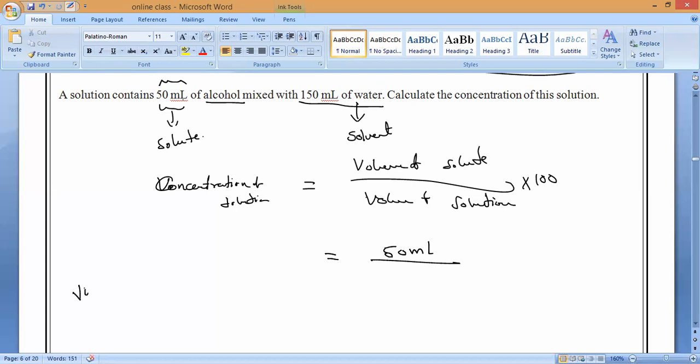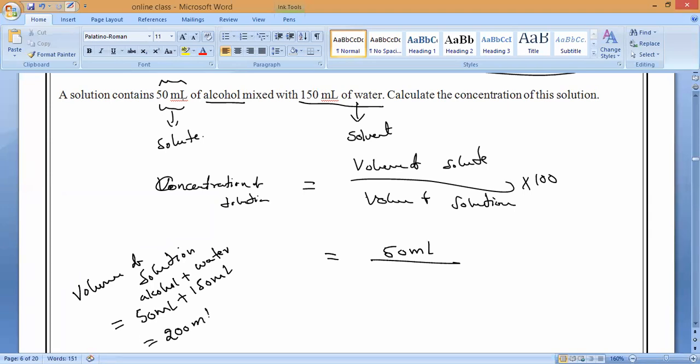Volume of solution is 50 ml plus 150 ml, because volume of alcohol plus volume of water, both. That equals 200 ml, into 100.